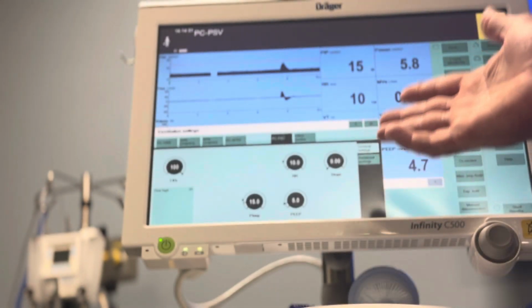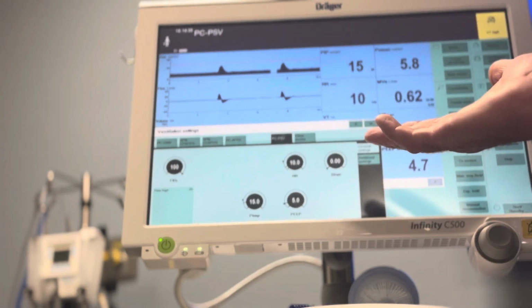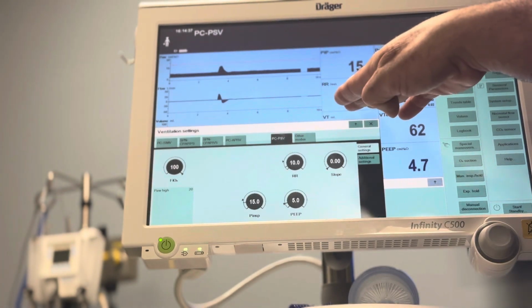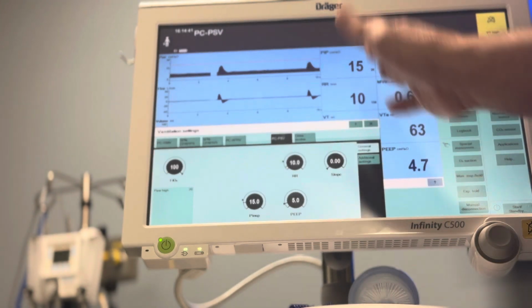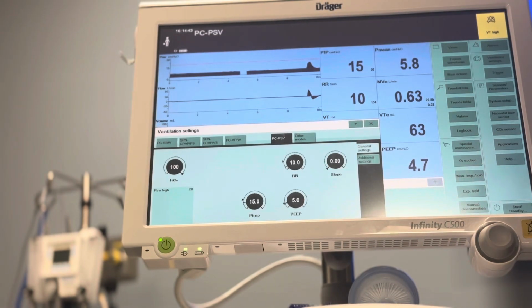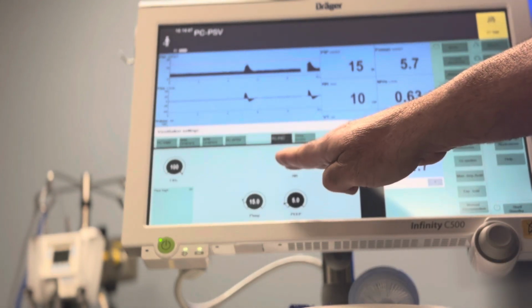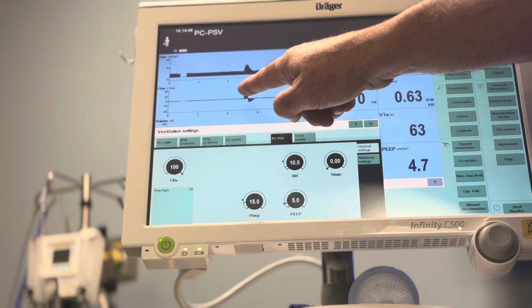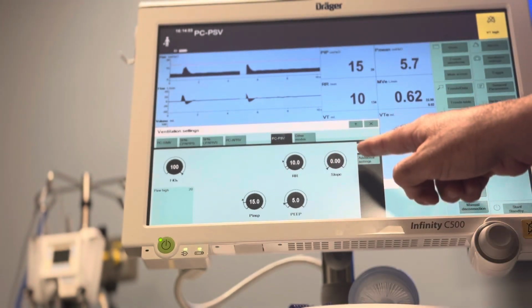So you can see right now with this test lung, it's not breathing, obviously. And you can see above, he's breathing a rate of 10. So even though he has no spontaneous effort, he's getting a minimal rate of 10 because that's what I have my rate set at, right? But when he gets the rate of 10, the inspiratory time is still being governed by the deceleration flow.